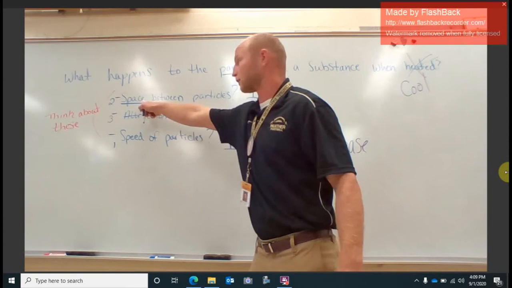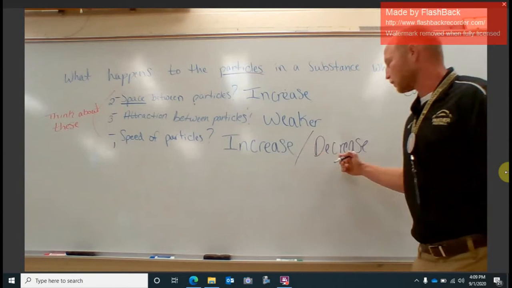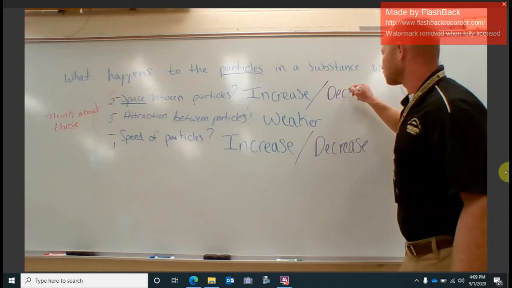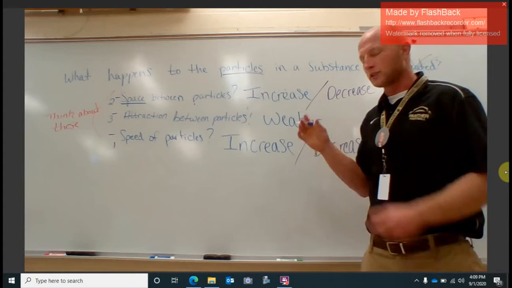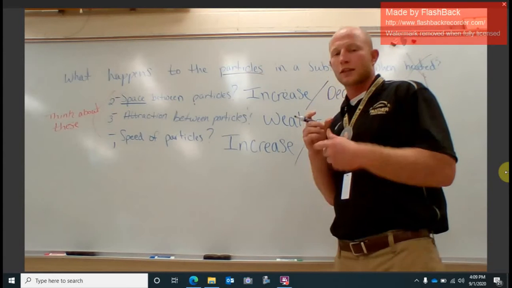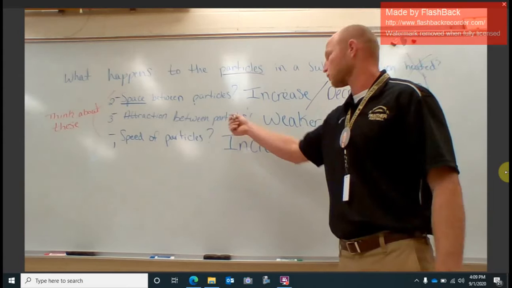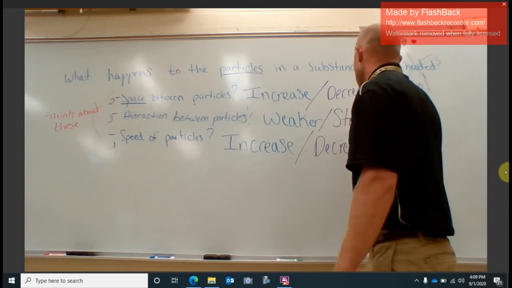It's just the space between the particles that changes. So if the speed decreases, the space between the particles also decreases, and the particles get closer and closer together. Like these magnets, the closer we get particles together, their attraction becomes stronger.